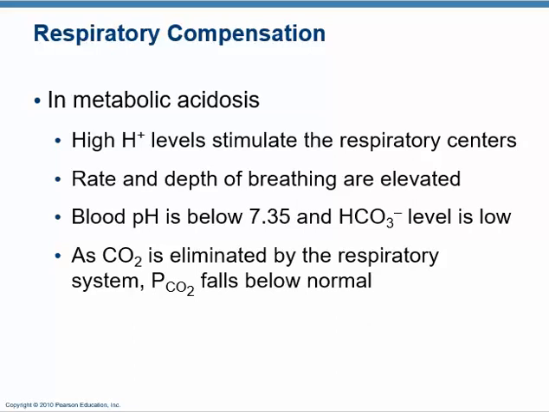So when you have metabolic acidosis, the high hydrogen stimulates the respiratory centers, your breathing rates and depths are elevated, blood pH changes, and you end up at the 7.35, 7.45 because you've blown off the extra carbon dioxide and you've lost carbonic acid.